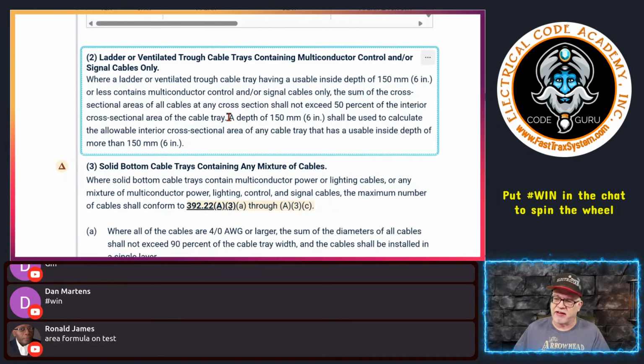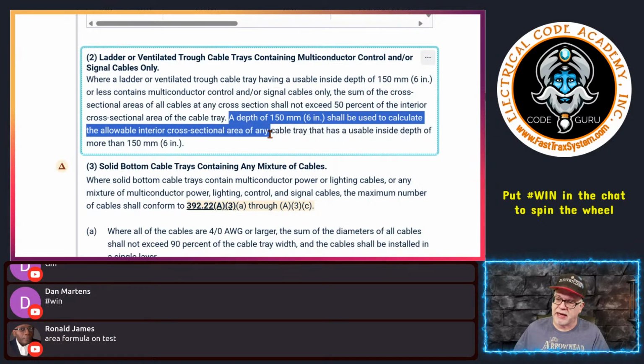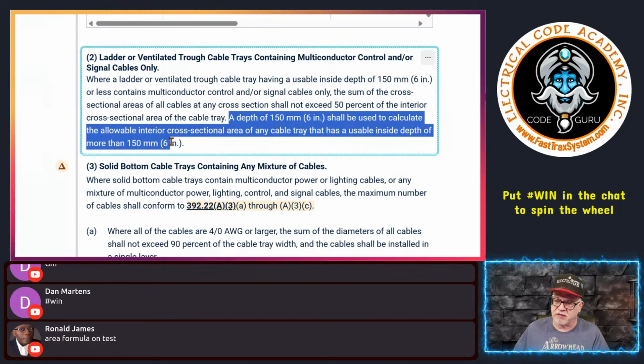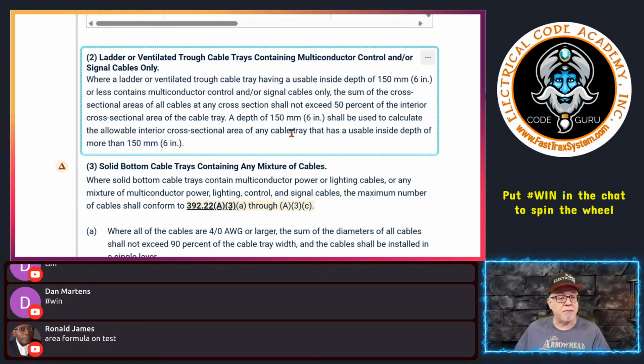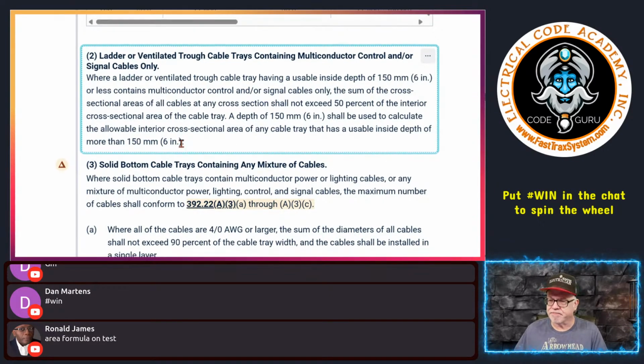Now, it says a depth of 6 inches shall be used to calculate the allowable interior cross-sectional area of any cable tray that has a usable inside depth of more than 6 inches. So it could be an inside depth of more than 6, but we're going to be using 6 inches for our calculation, okay?